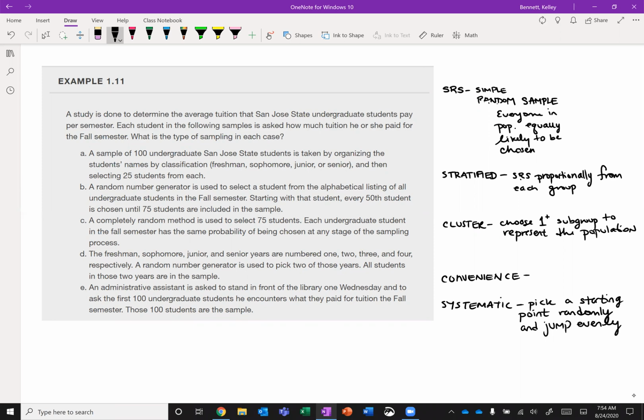All right, so a sample of 100 undergraduate San Jose State students is taken by organizing the student's name by classification, freshman, sophomore, junior, or senior, and then selecting 25 students from each.